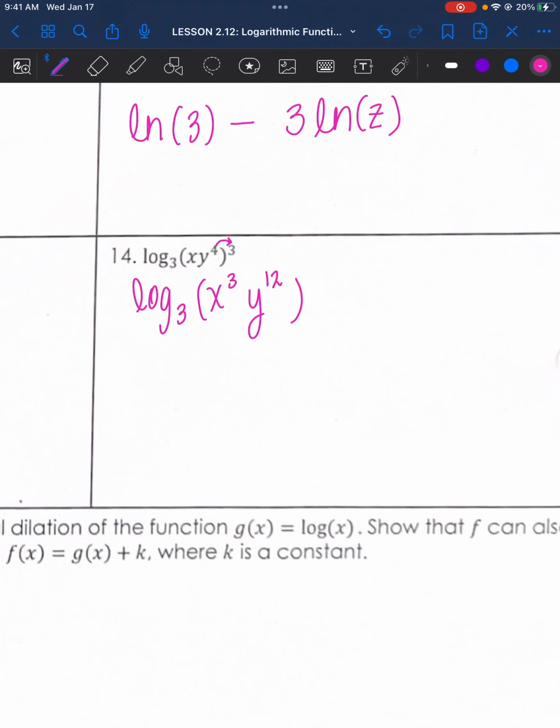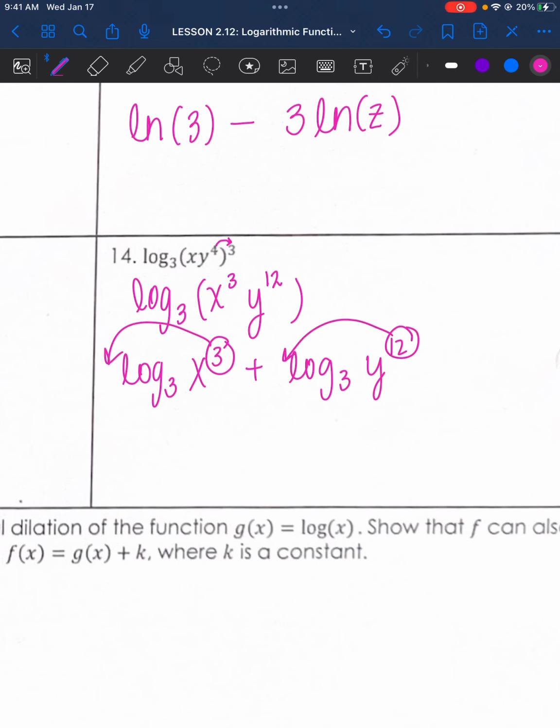So we would have log base 3 of x cubed plus log base 3 of y to the 12th. Bring these out front: 3 log base 3 of x plus 12 log base 3 of y.